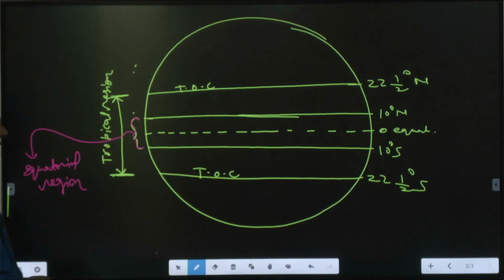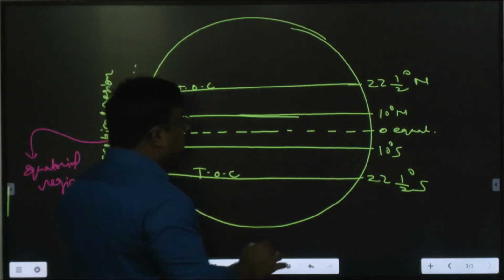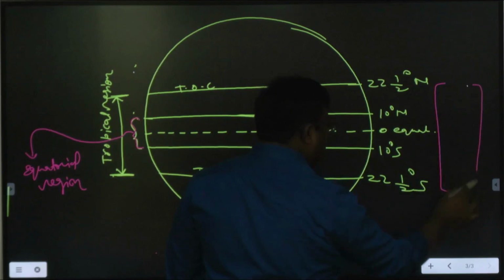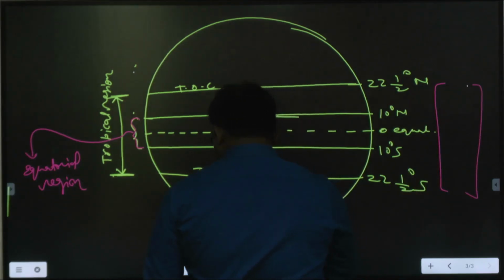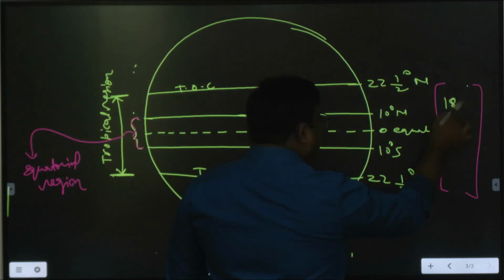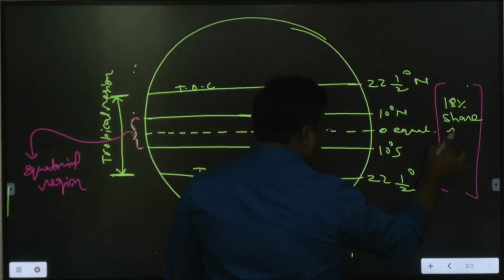According to various factual data, this entire tropical region has an 18% share in the total land area of Earth.